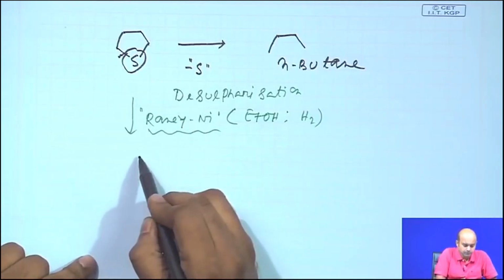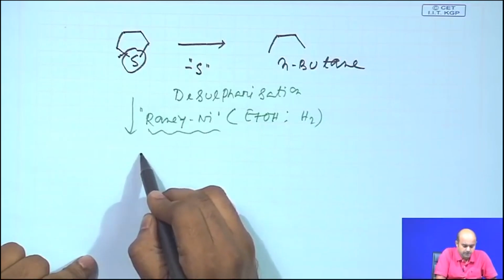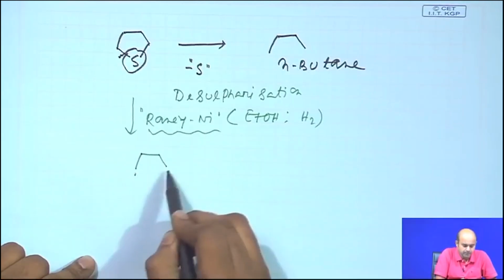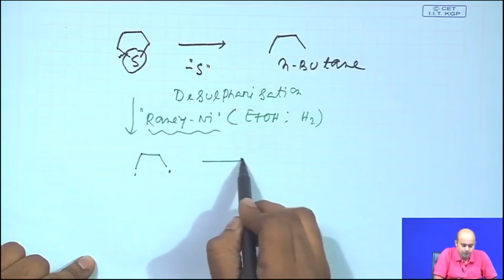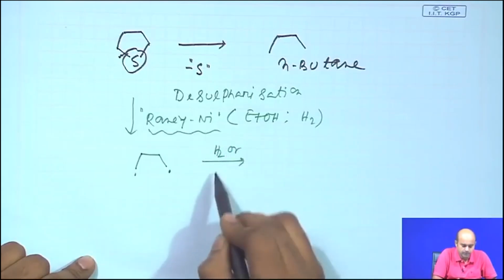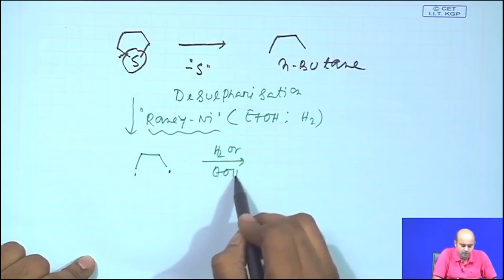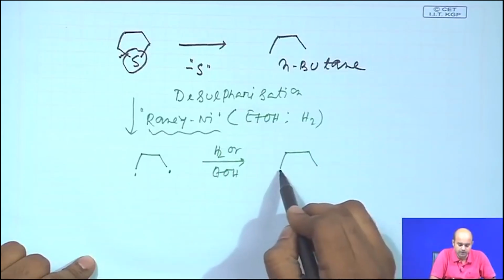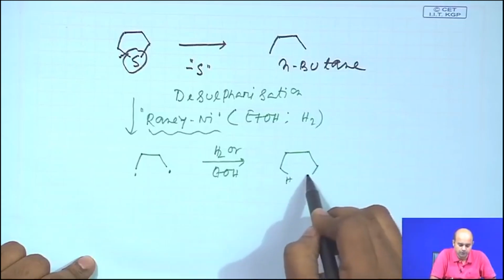The mechanism is not very well established, but people propose that probably a diradical pathway might occur, which is further quenched by hydrogen or the ethanol used as a solvent to give you butane.